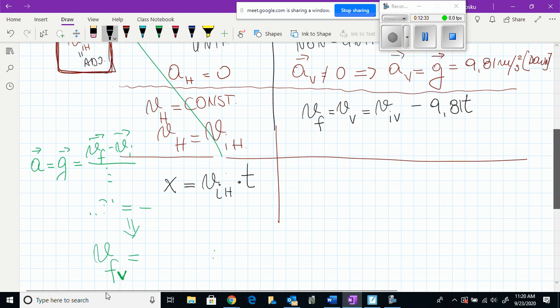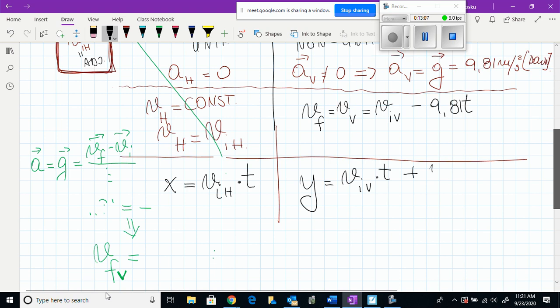And now, since we know the vertical component of the initial velocity, the displacement in the y-axis, the vertical axis, being a non-uniform motion, will be v initial times time plus 1 over 2 a t squared.